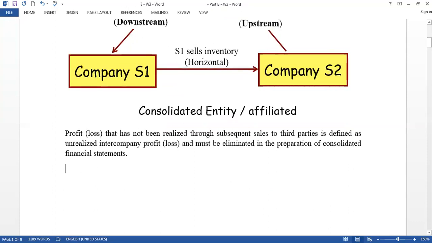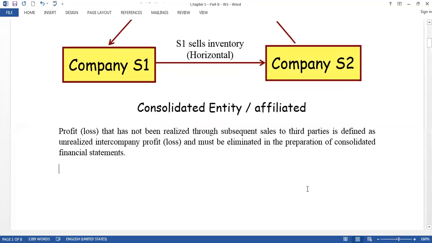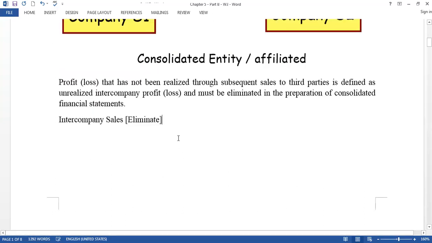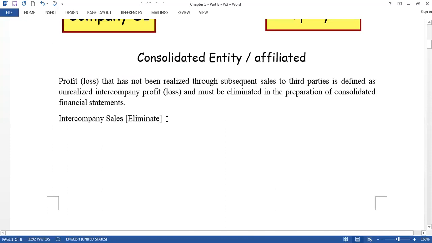If you watch my last class, we have several things to handle. The first one is intercompany sales. If we have any intercompany sales, we have to eliminate them.